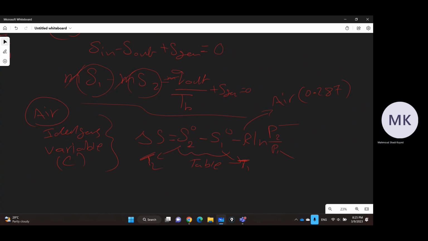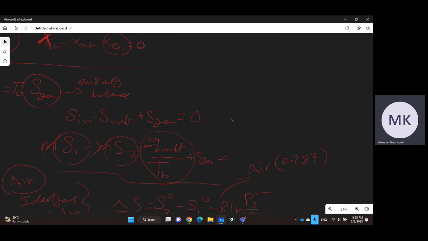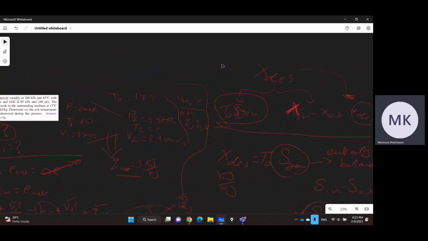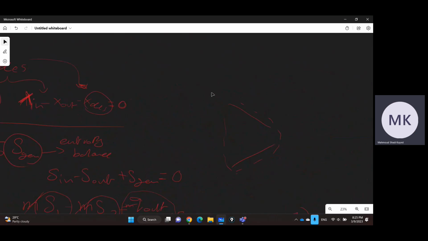Now the problem will be here, because we have the boundary temperature and the entropy, and unlike the exergy, if this is our boundary temperature, it's not constant, as you can see from the question. It was at 65 degrees centigrade, then it will decrease as you move along the diffuser. So the boundary temperature is not constant.